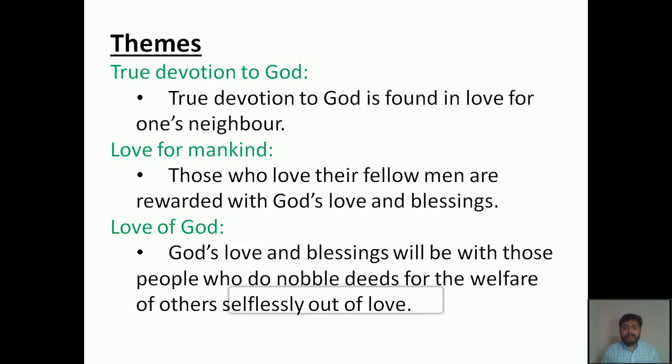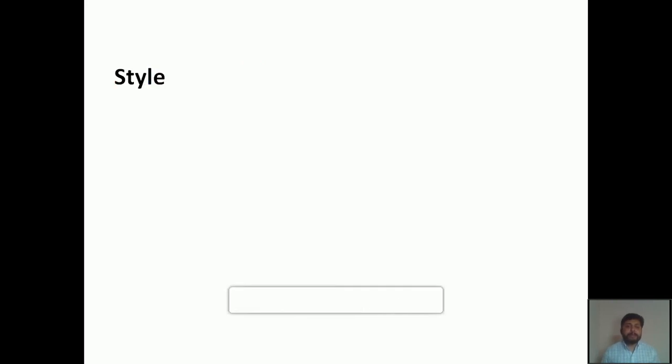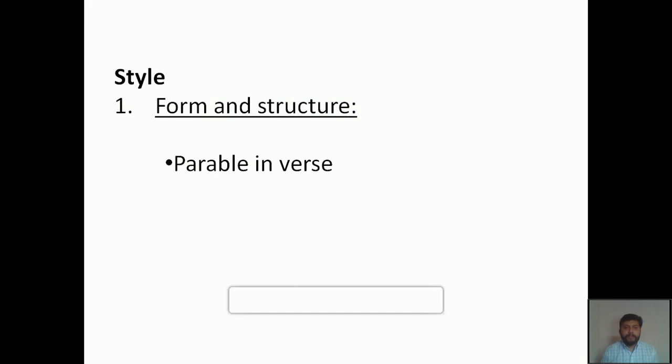The next feature which we are going to discuss is its style, the form and structure used in this poem. The form and structure is mainly a parable in verse. I hope you know what is meant by parable. Parable means a short story which illustrates some spiritual points or some moral values.